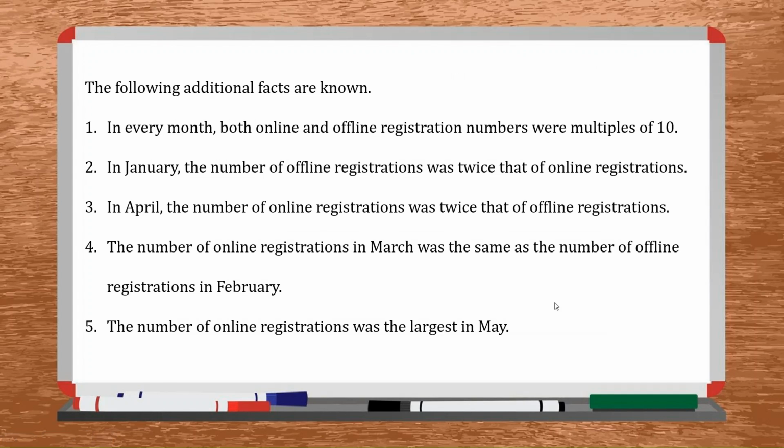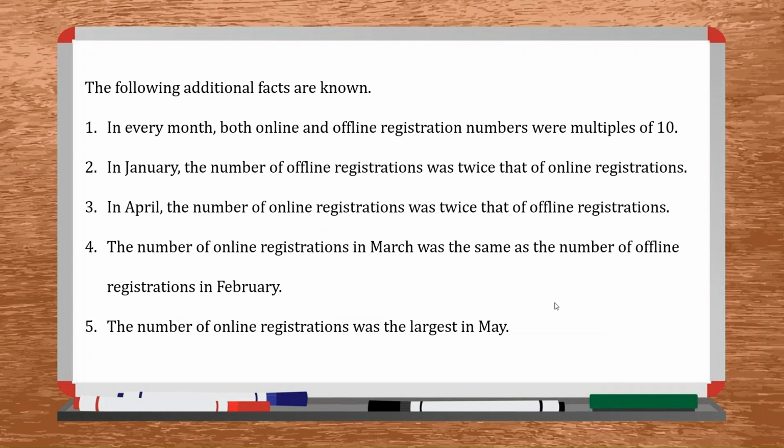We also have some other information with us. In the first point, it's mentioned that all the registration numbers are multiples of 10. Then, if you see points 2, 3, and 4, they are mostly comparative statements. Like in January, the number of offline registrations is twice the online registrations.